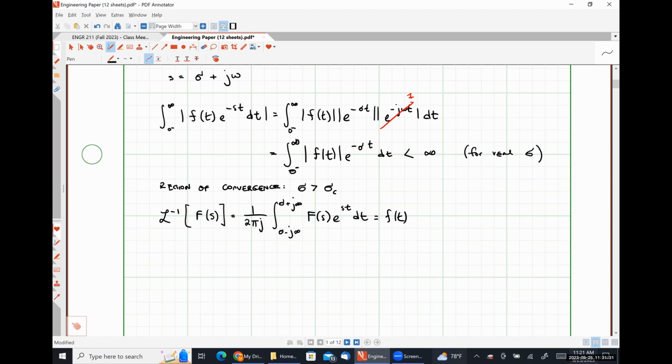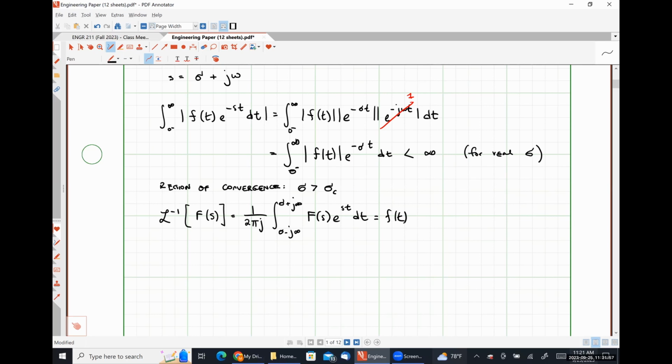So instead of ever doing this terrible integration to figure out what f of t is based on F of s, we're just going to develop a database of pairs that will let us figure things out and just use those transform pairs to do the inverse operation. So what we're going to do until I run out of steam here is just start deriving those pairs.